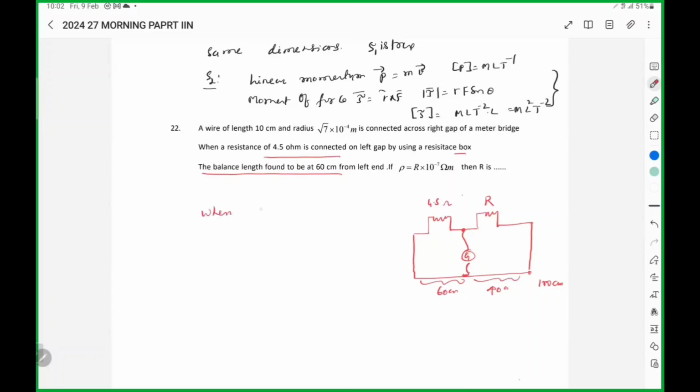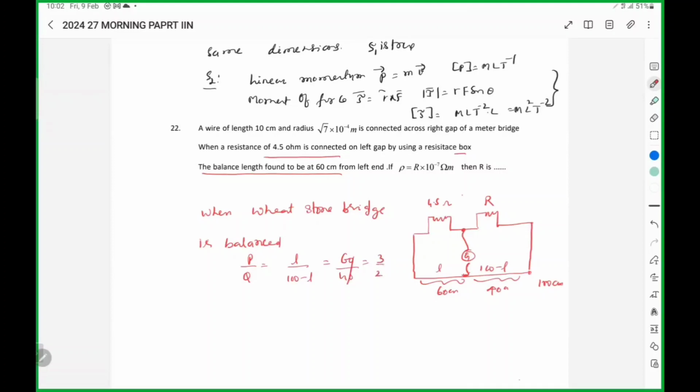When the Wheatstone bridge is balanced, then P by Q is this. This is L. It is 100 minus 60 by 40.